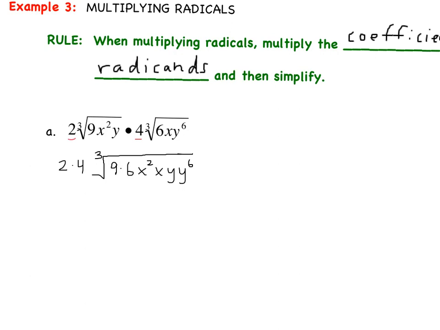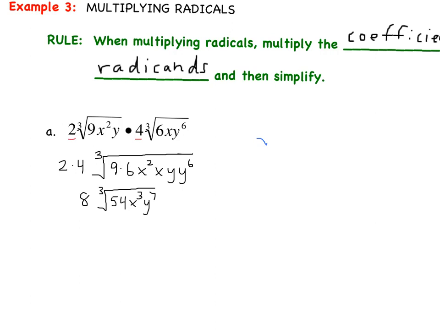So now if we clean it up, we've got a coefficient of 8 times the cubed root. 9 times 6 gives us 54. X squared times x, remember, we add the exponents. We get x cubed. Y times y to the 6th will give us y to the 7th. And now we can do our side note in order to simplify.